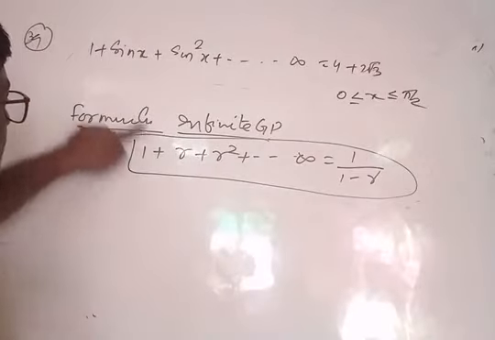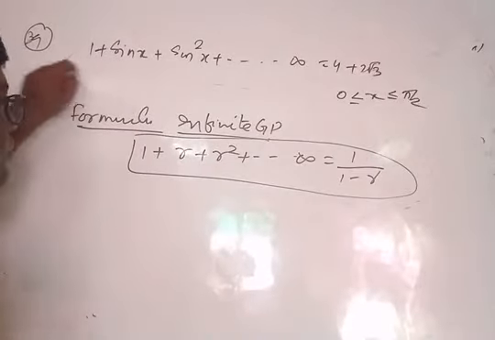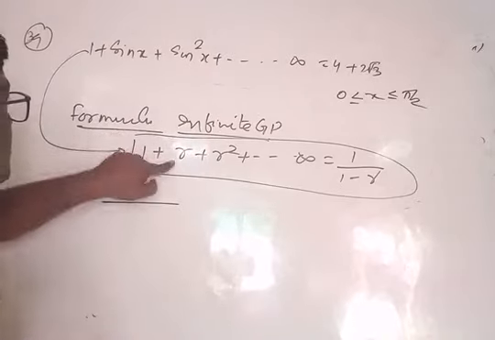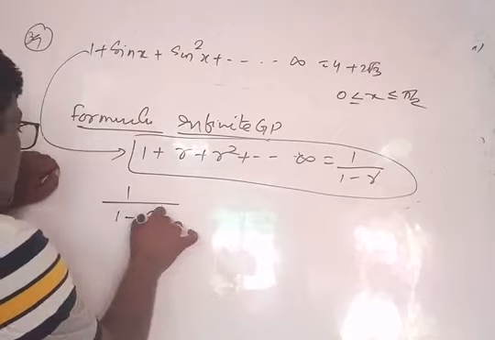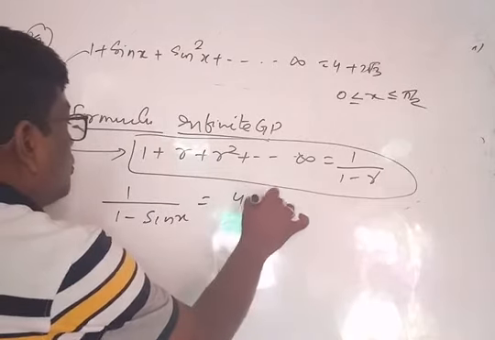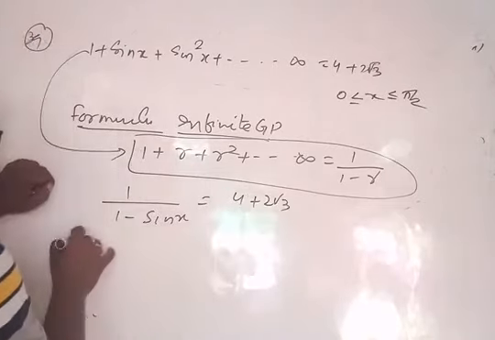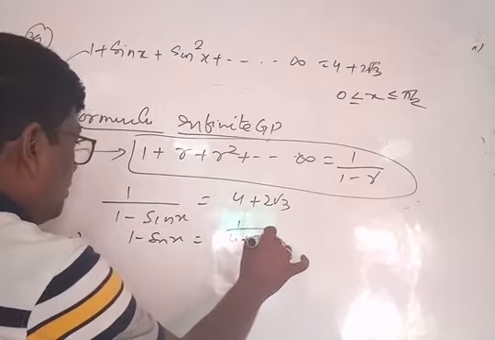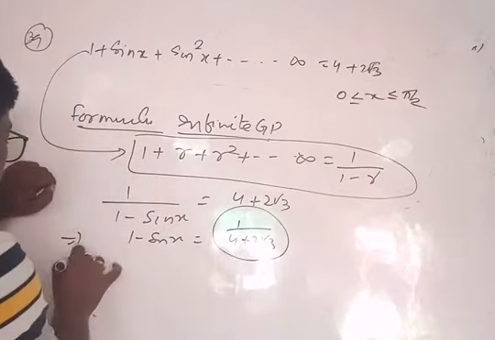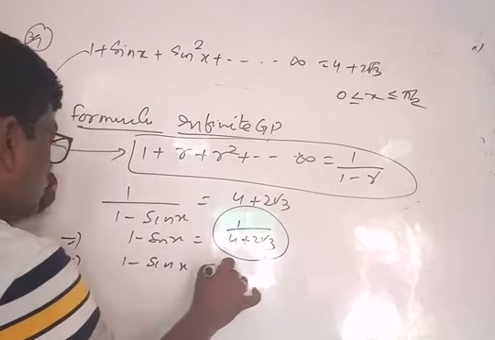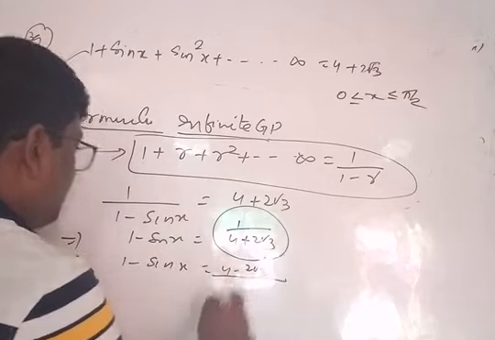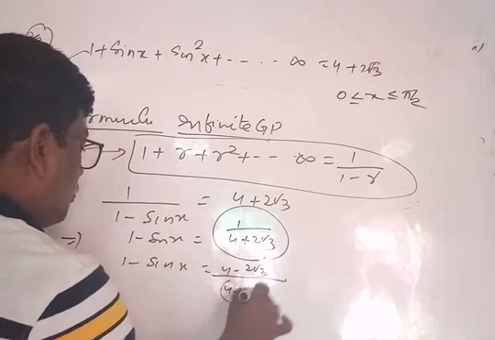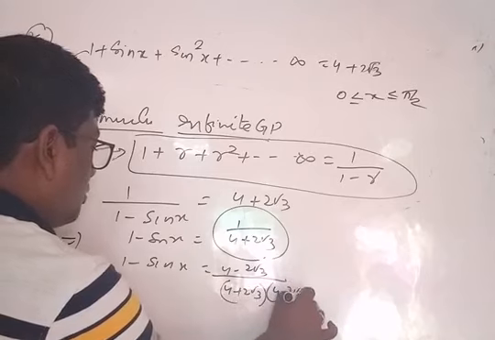Here r is equal to what? Sin x. So apply this formula, 1 by 1 minus sin x is equal to 4 plus 2 root 3. Reciprocal this: 1 minus sin x is equal to 1 by 4 plus 2 root 3. Rationalize this: 1 minus sin x is equal to 4 minus 2 root 3 by 4 plus 2 root 3 into 4 minus 2 root 3.